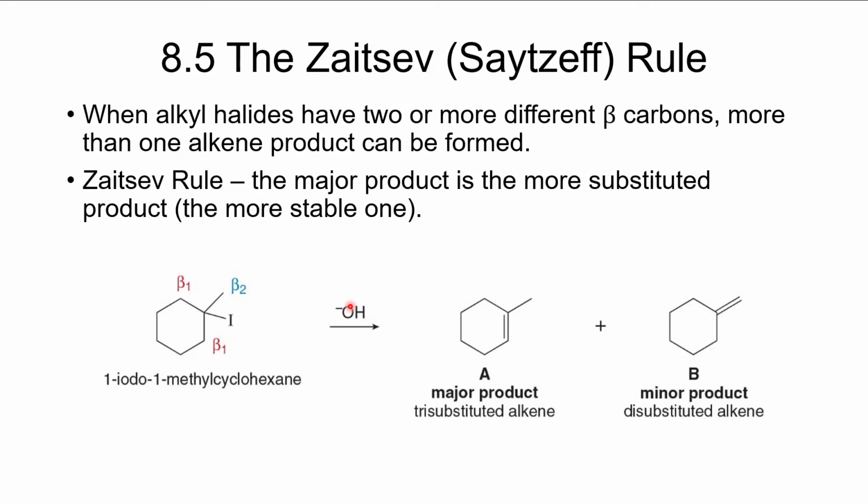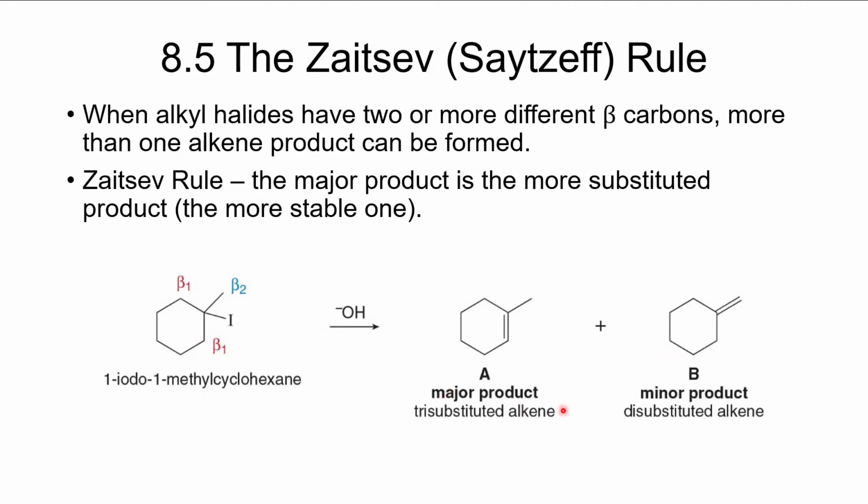On this one, just to point out what's going on, we've got two different types of beta hydrogens. We've got the beta hydrogens that are on the ring, and when we eliminate those, we're going to get product A. So if we eliminate across this carbon-carbon bond, we will get product A. You'll see that's tri-substituted. And if we eliminate the beta hydrogen on the methyl, across this bond, we will end up getting this exocyclic alkene as a minor product.